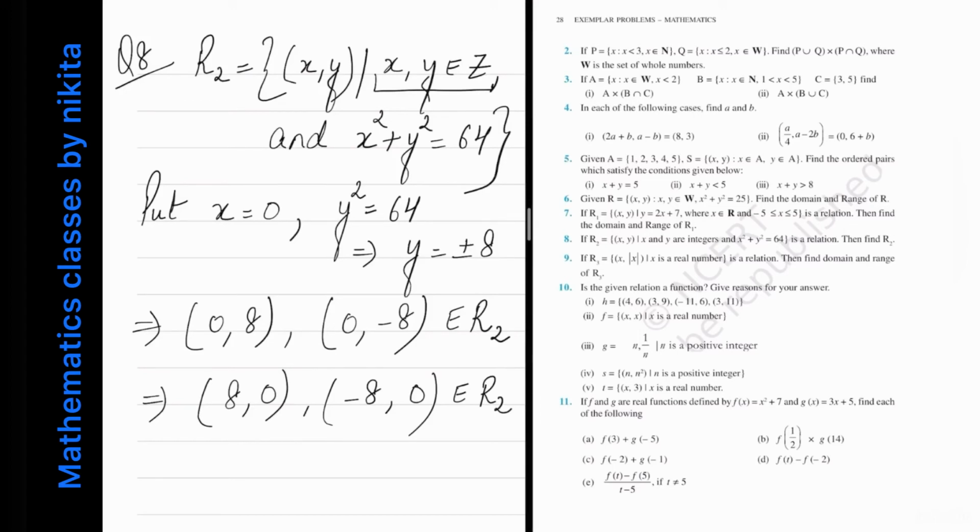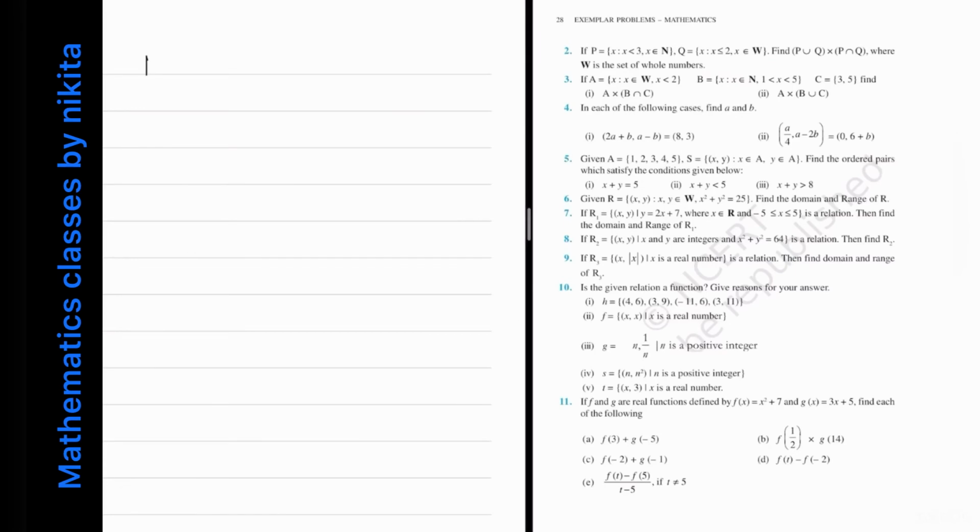Now let's put x equal to 1. Y square will be equal to 64 minus 1, which is 63. And this implies that y does not belong to Z, because its square root is not an integer.